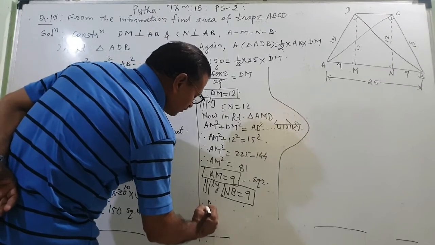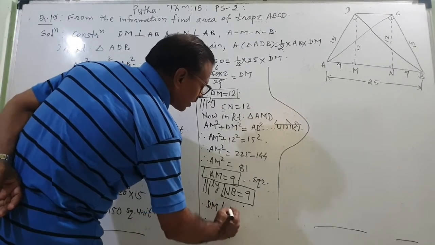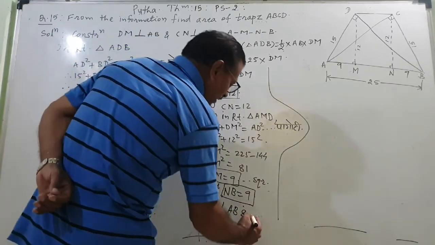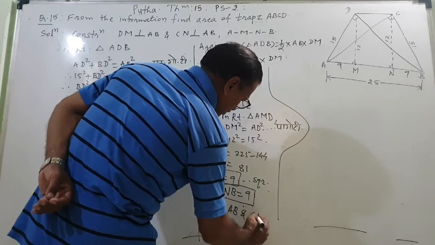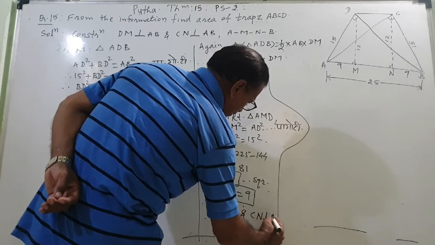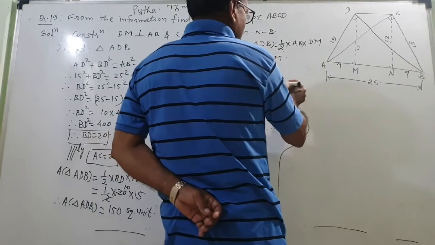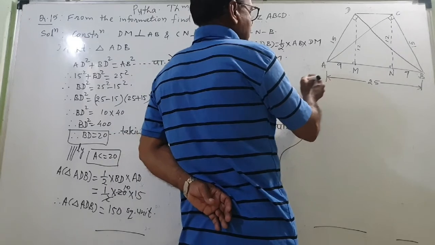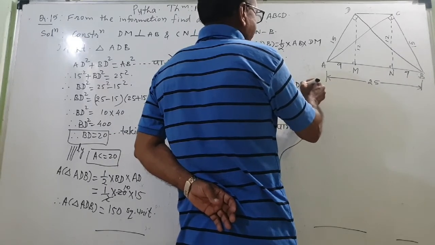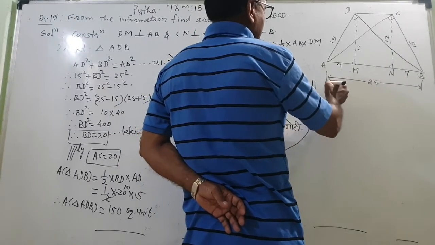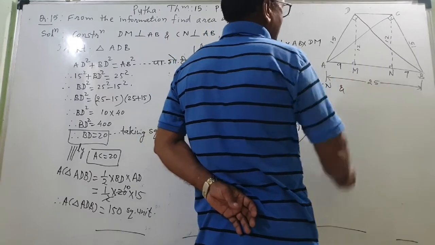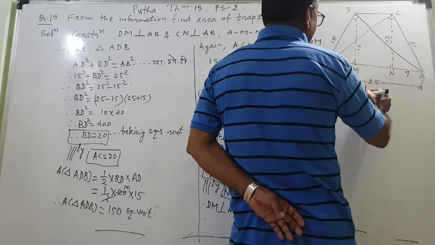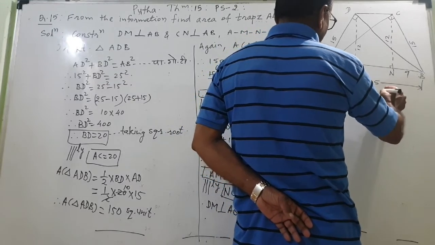DM perpendicular AB and CN perpendicular AB. Therefore, DM parallel CN and DC parallel AB.